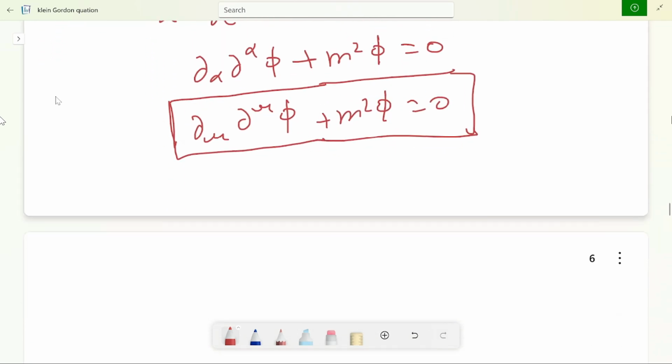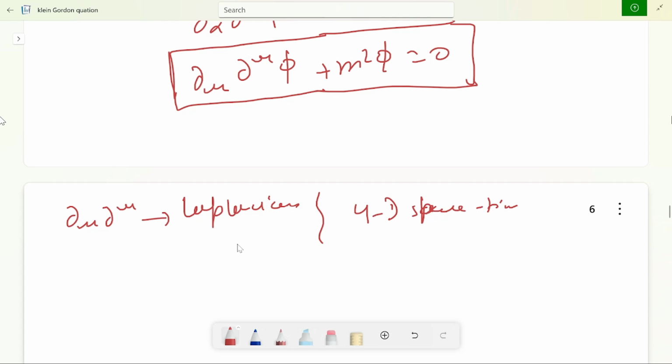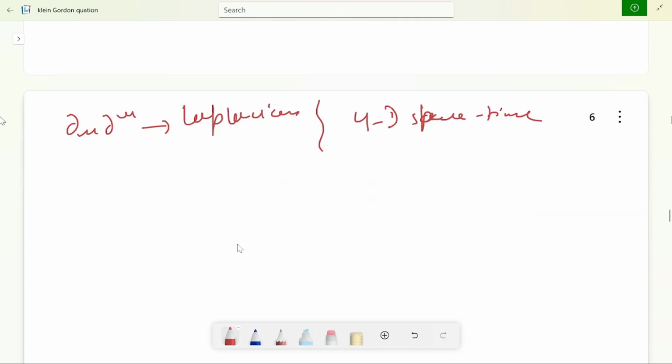There are a few more things to note over here. Now notice that d mu d mu is just your Laplacian in 4D space-time, right? In 3 dimensions, the Laplacian was usually defined like this.